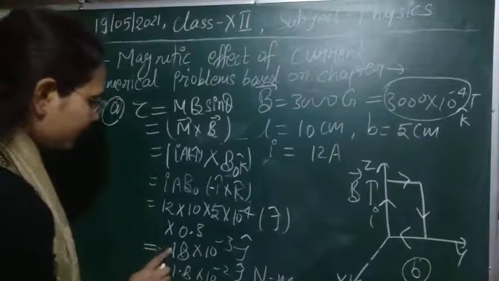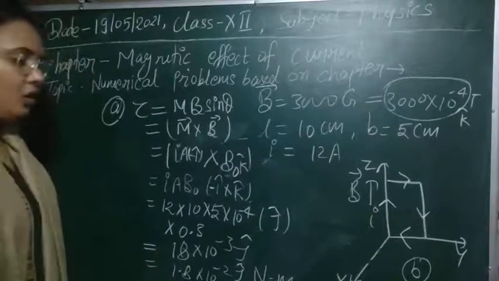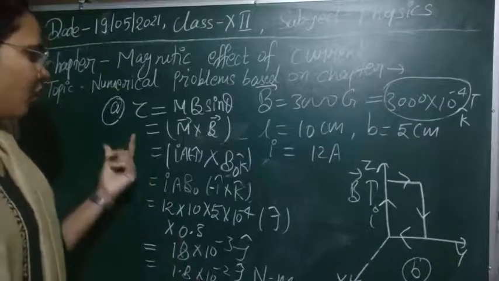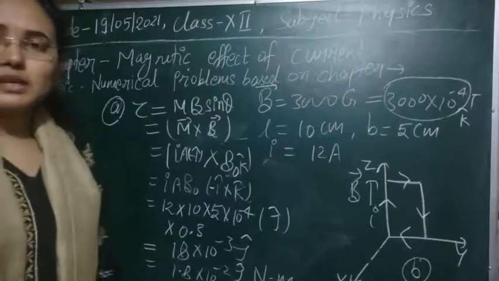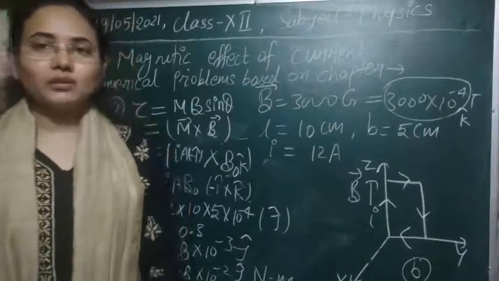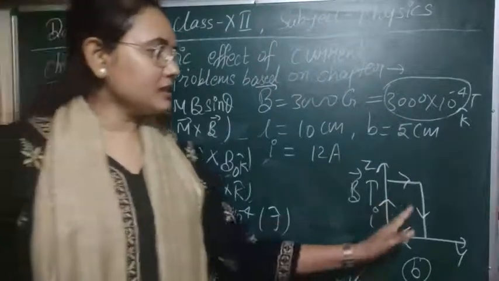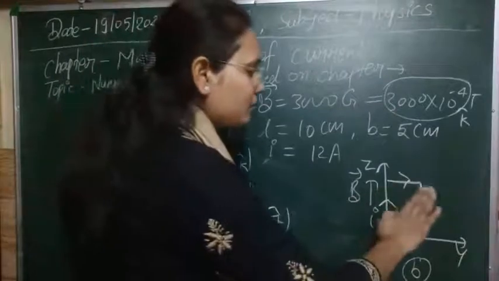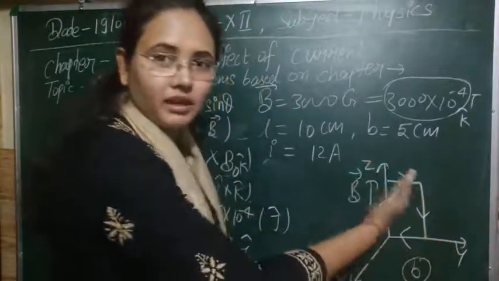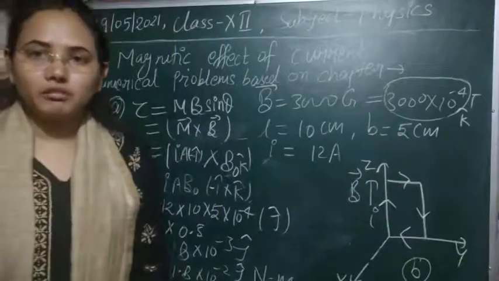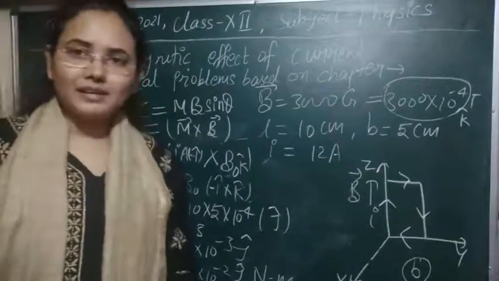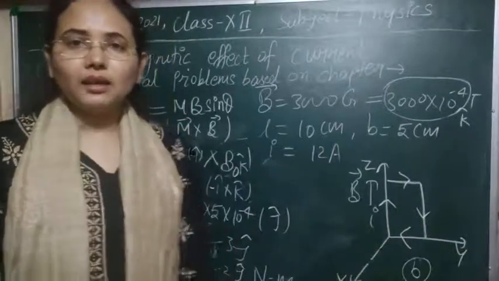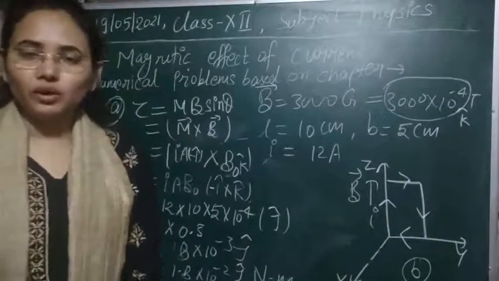So here we get the direction of the torque in the positive y direction, and in magnitude the torque is the same. It means in this case this magnetic field will try to rotate the loop in the positive y direction in some way. There is a torque acting along the positive y direction. Clear? I think now there is no confusion in this whole section.